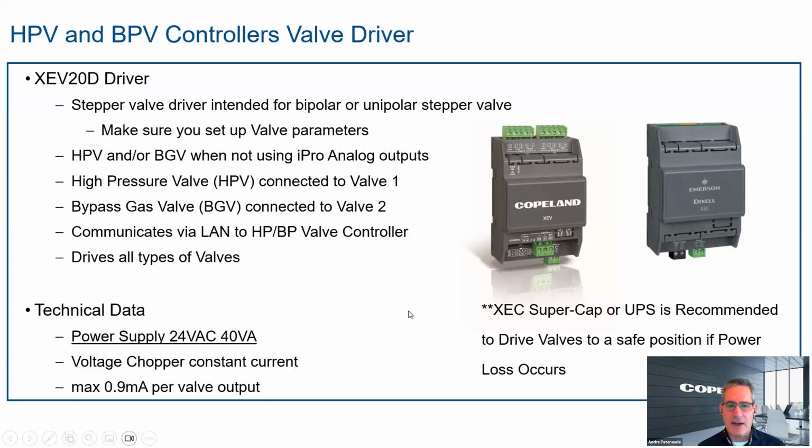And they communicate via LAN, which I'll show you in a minute. 24 volt AC, we prefer for your power because it gives you a bit more power when you're driving valves. And we do have a super cap that, in case of a power failure, makes sure your valves get closed. So this super cap allows you the ability to drive those valves closed in case of a power outage.